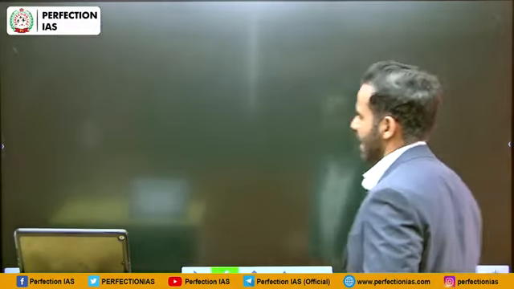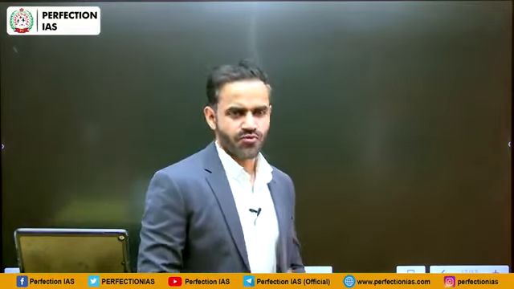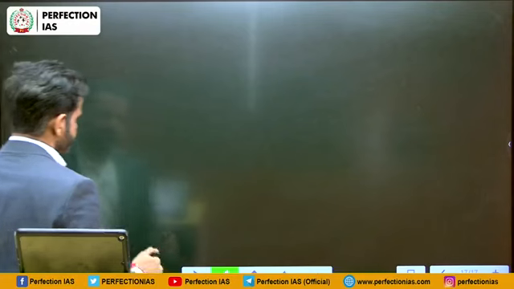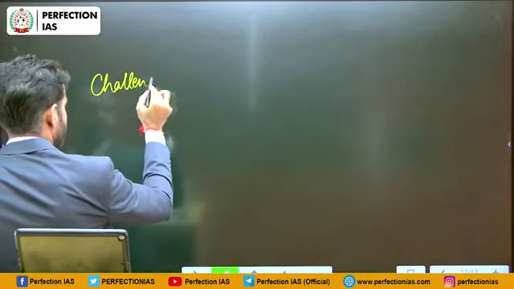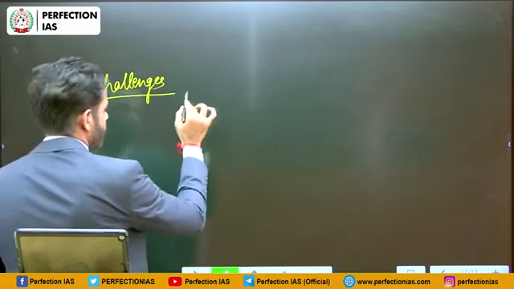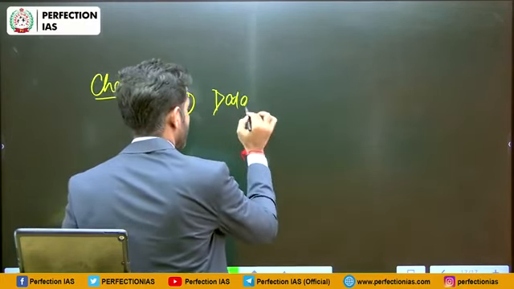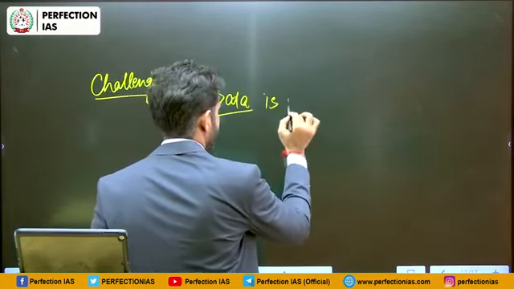Now, in the end, we are going to discuss what are the challenges, why we are not able to eradicate poverty so far. Challenges in poverty eradication. First and foremost challenge is that the data we have is not updated.